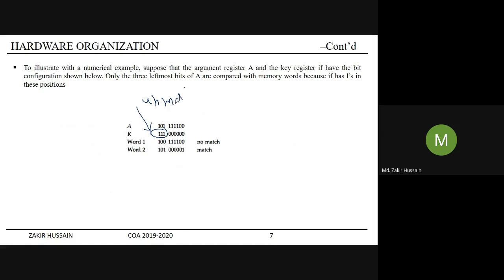Where unmasked transparency is there, it is seen with the words here, whether they are matching or not matching. This portion is masked.